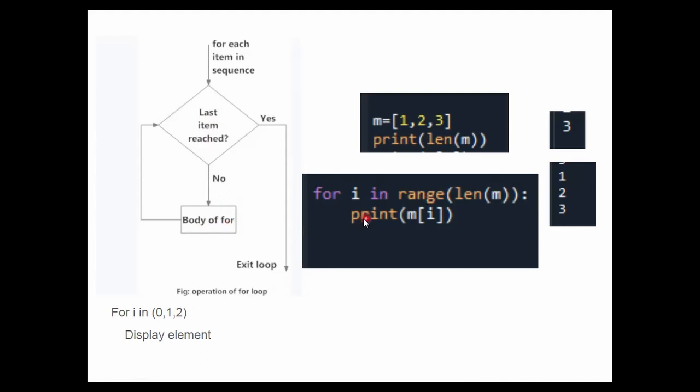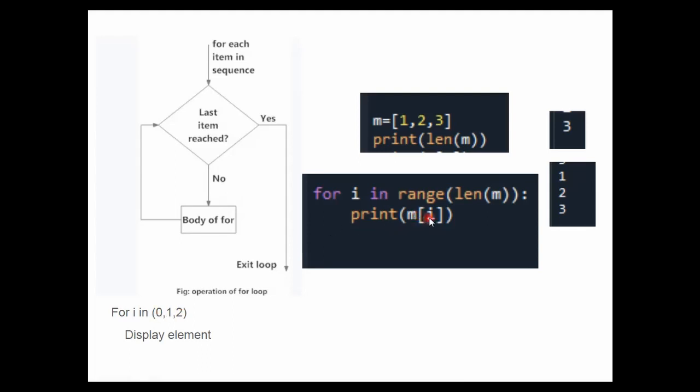How will we determine the body of the for loop? Whatever is written after this indent will be treated as the body of the for loop. Here there is only one print statement, print m of i. What is the value of i here? The value of i is the first value of the range function, which is 0. That means I am printing m of 0.